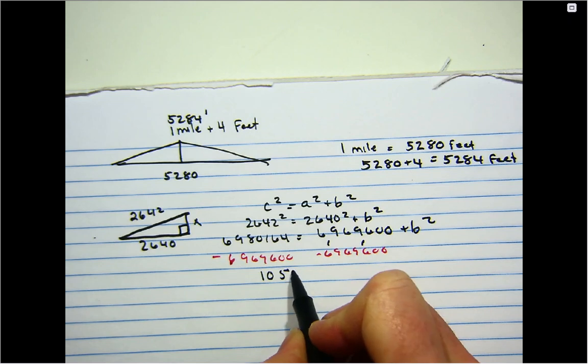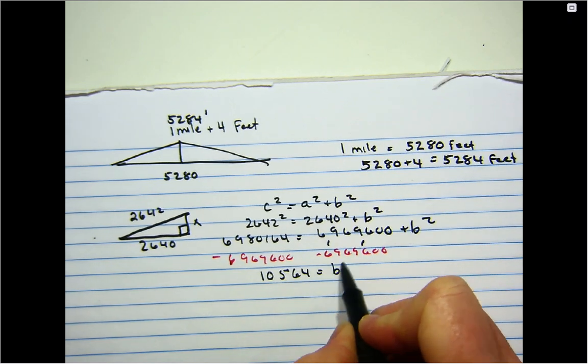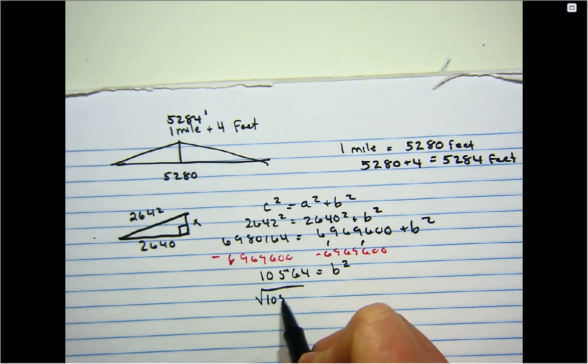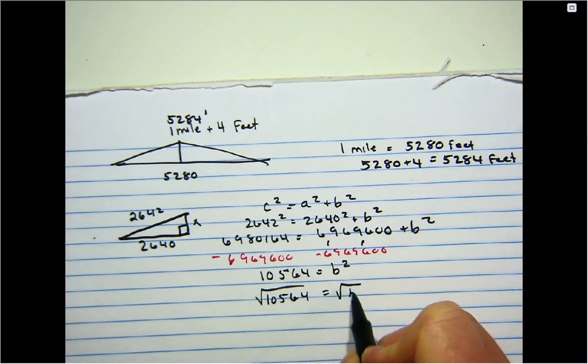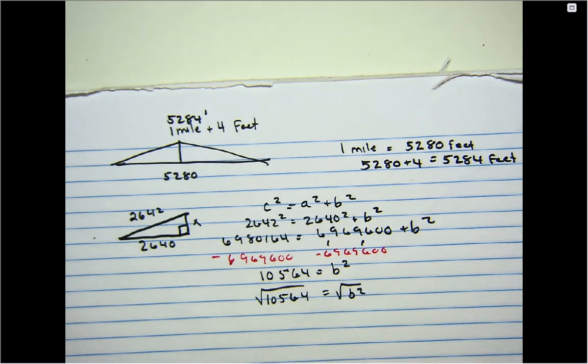So it's 10,564 for b squared, and then we just take the square root of both sides. So mine is 102.78. So that's quite a buckle on your bridge there. Anybody have any questions?